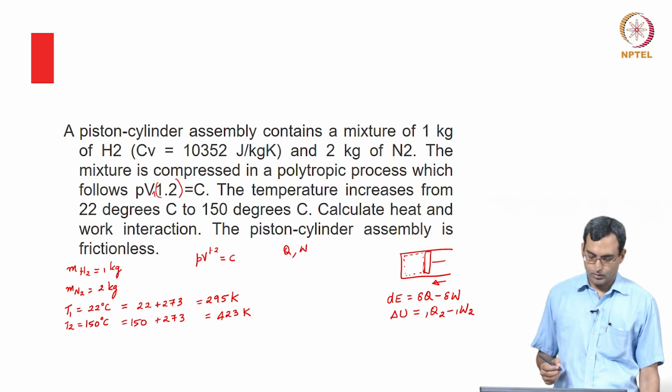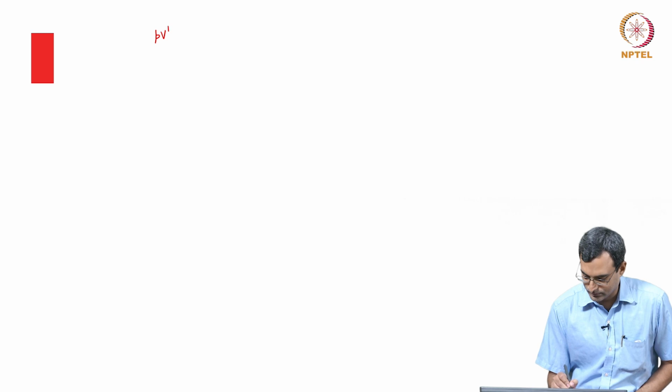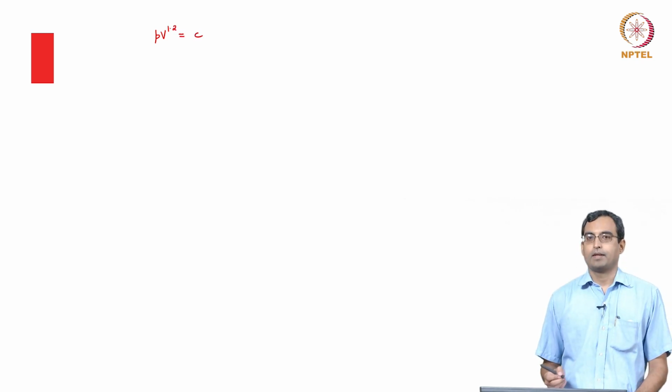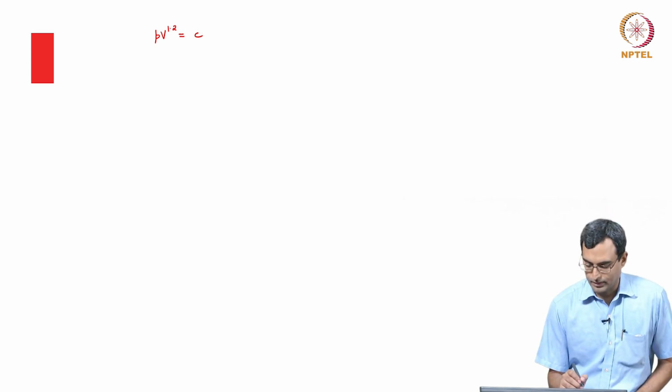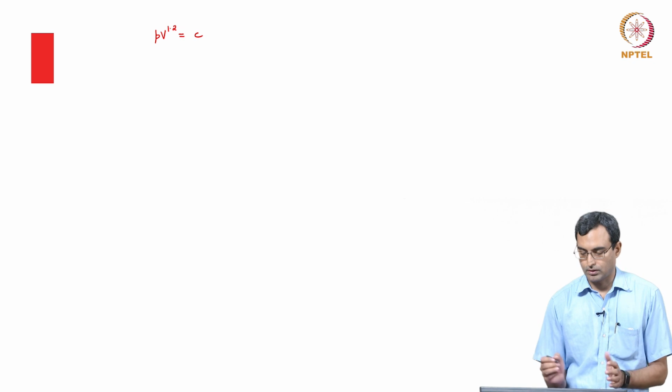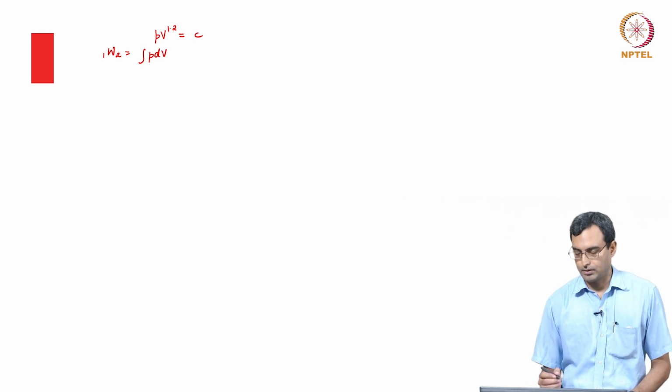So, I have a polytropic process which is PV to the power 1.2 equal to constant. We have looked at the work expression in a polytropic process earlier when there is expansion or contraction work. So, the work would be essentially integral of PdV for expansion or contraction work due to a boundary.